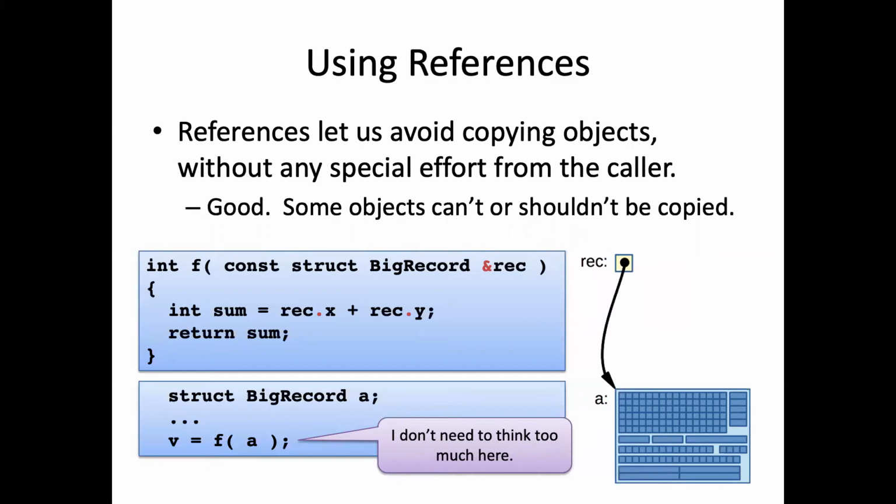So if I've got a struct and I want to pass it to a function, but I don't want to make a copy of it, I can take a reference to whatever that struct is, and then inside the function, I can use that as if it was an instance of that struct. So I can use the dot operator for getting to its fields rather than arrow, even though what's really going on is I'm not making a copy of the struct, and the parameter to this function is internally implemented as a pointer to an instance of this struct. I just don't have to use the pointer syntax inside the function.